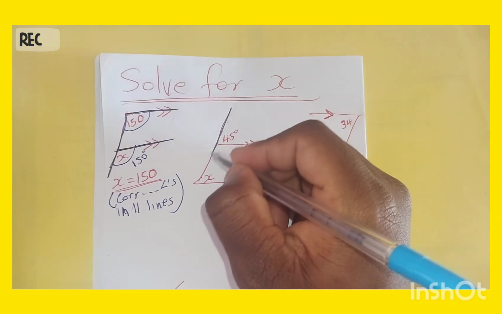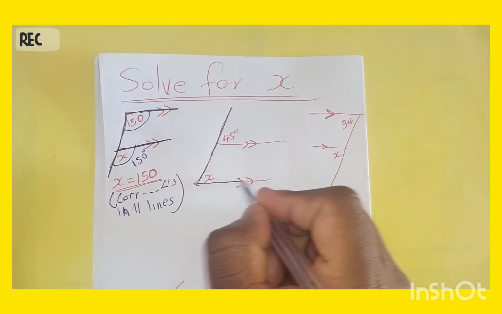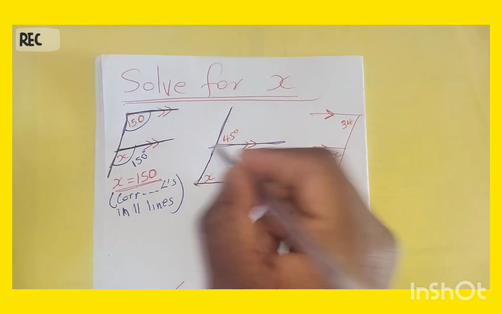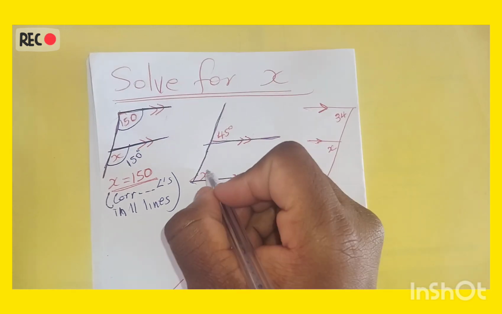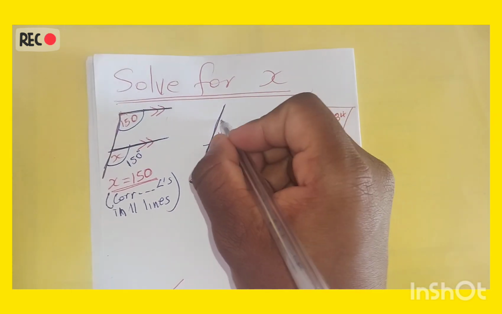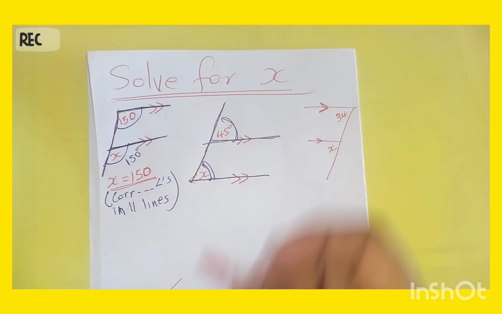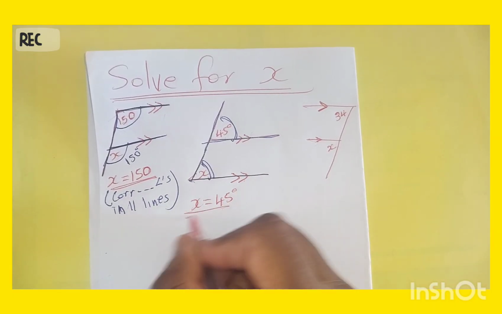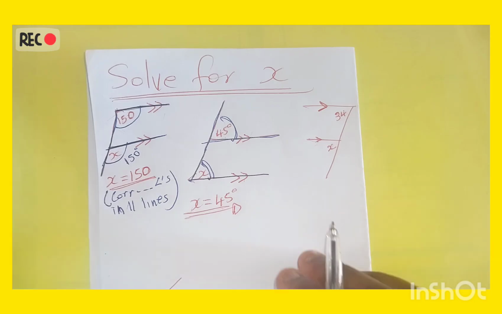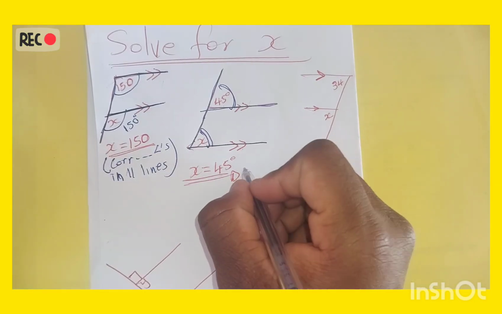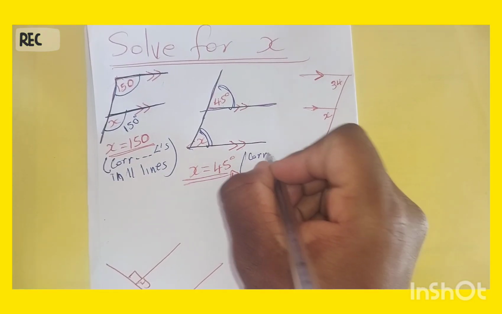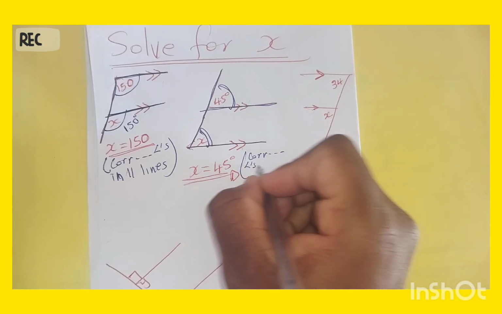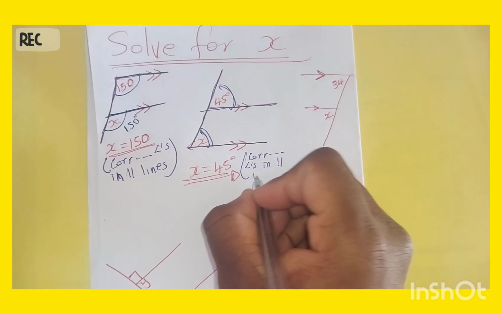If I see the shape of F, and these two are parallel, the symbol says that this angle is equal to that one, meaning the value for X there is equal to 45 degrees. And now I should just apply a reason there: corresponding angles in parallel lines.